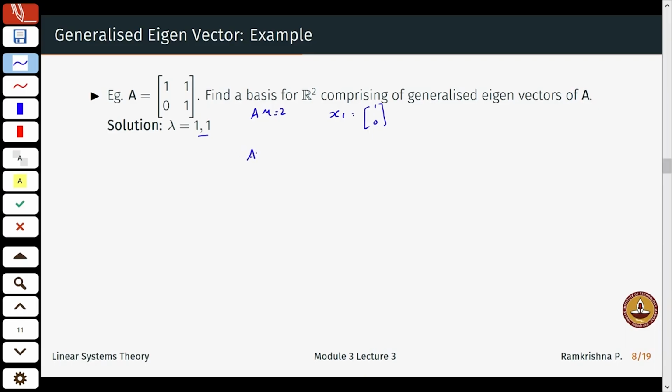Can I find a solution to (A minus lambda I) times x2, which is x1? Now I know what x1 is. Can I find x2 from this? I can just solve this to find x2 as 0 and 1. So, 0 1 and 1 0 are generalized eigenvectors of this matrix A corresponding to this eigenvalue 1.